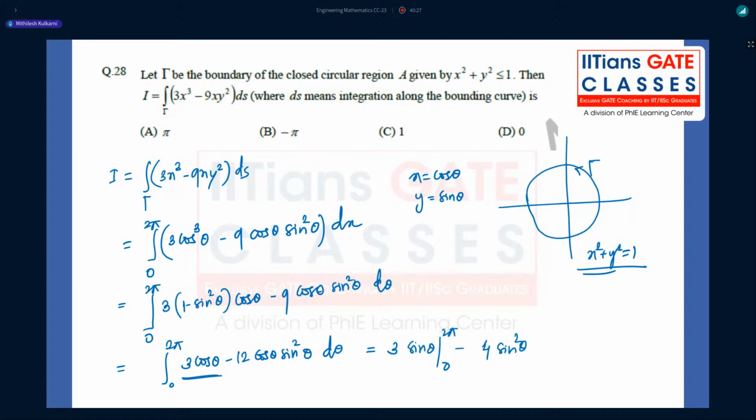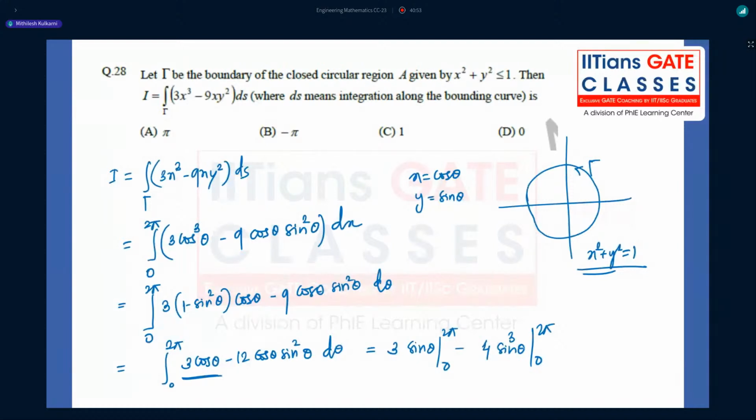Put the limit basically here 0 to 2 pi. So if you differentiate it, 2 sin square theta, you will be getting the same term. No, it's a 2 sin cube theta, sorry, yes.